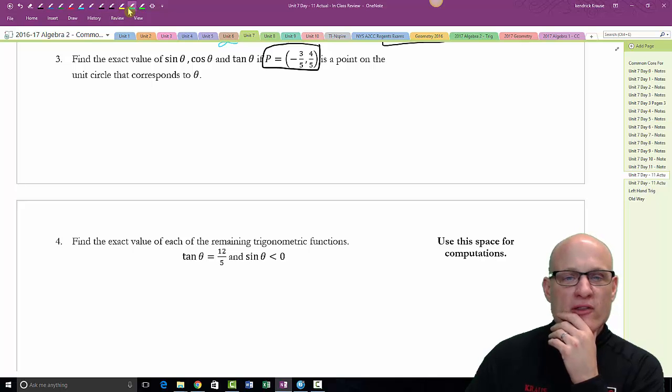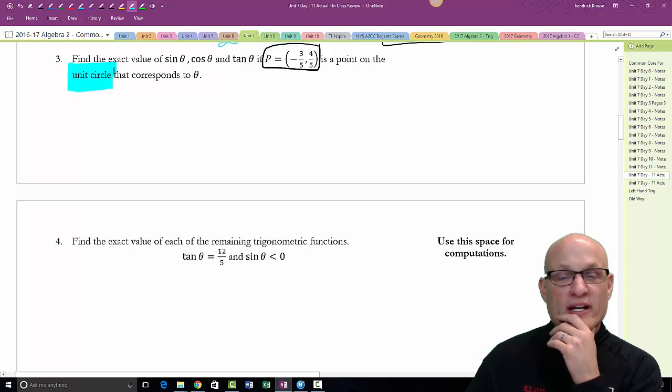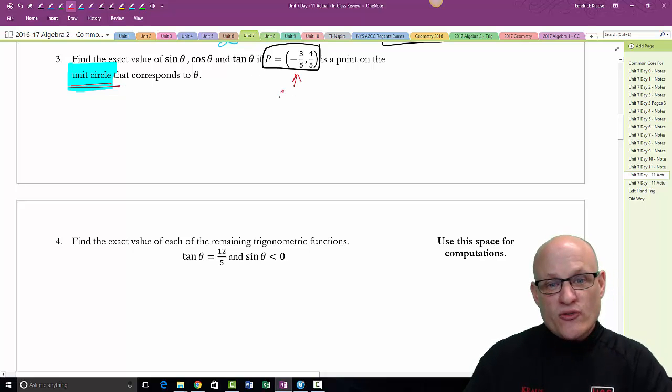There's a major part of this problem I might have just missed if I hadn't read it carefully. It's a point on the unit circle. If I give you a point on the unit circle, this then is the cosine value, and this then is the sine value.